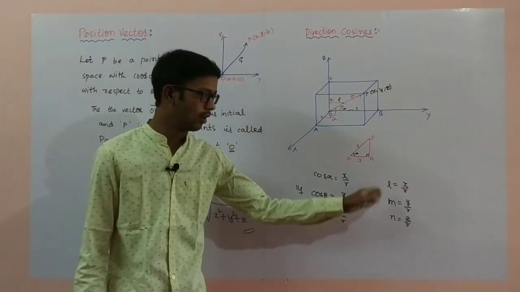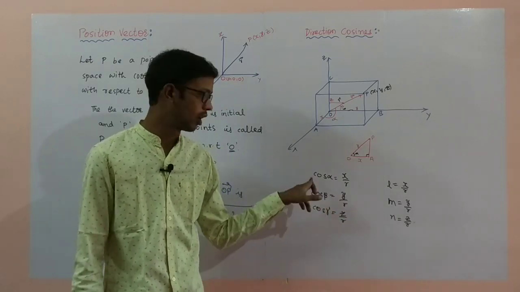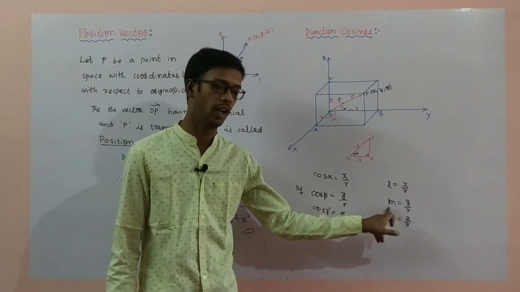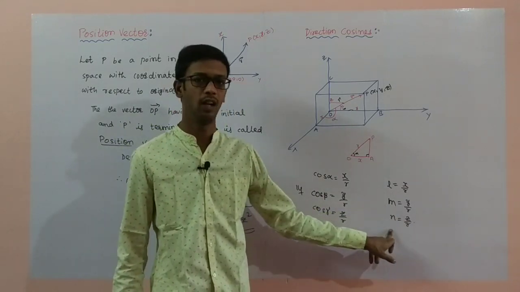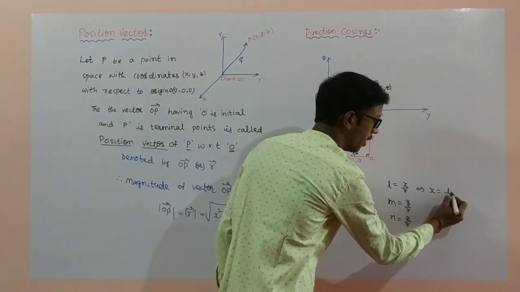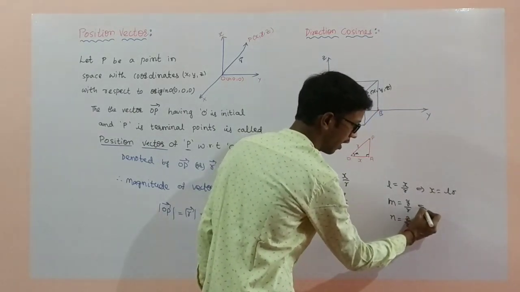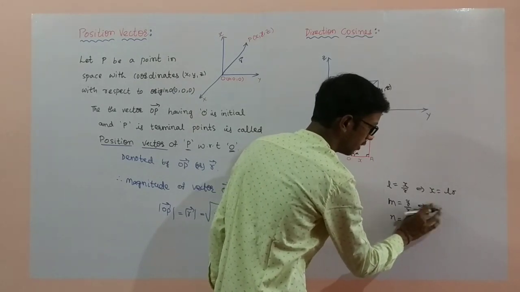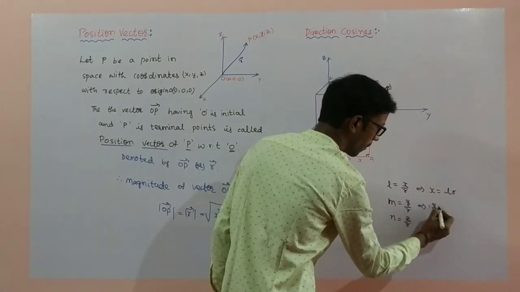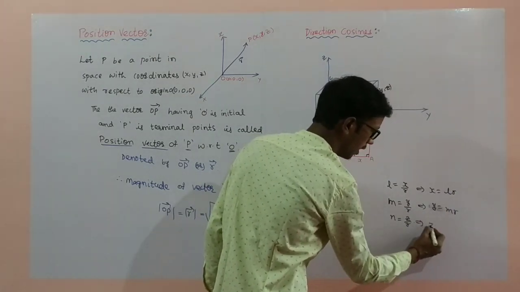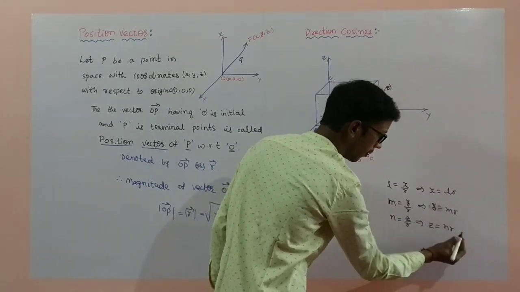This shortcut denotes cos alpha as L, cos beta as M, cos gamma as N. This implies x is equal to LR, y is equal to MR, z is equal to NR.